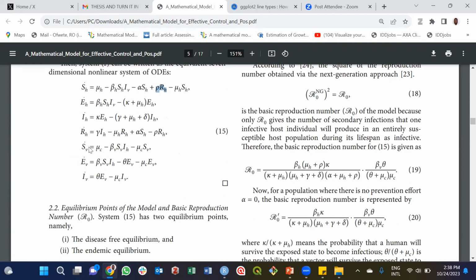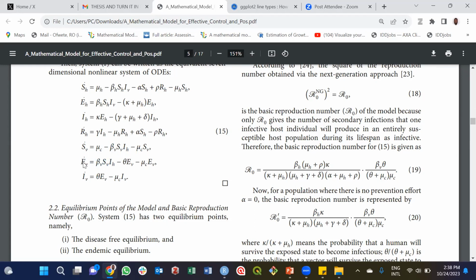And then we have the vector. It's basically the same. For the vector, it is now the force of infection for the vector: the susceptible vector, which is a mosquito in our case, biting an infected human. And they can die. When they leave, they come to the exposed.